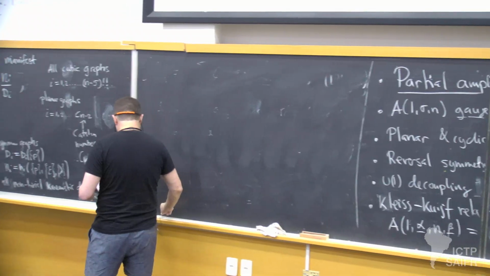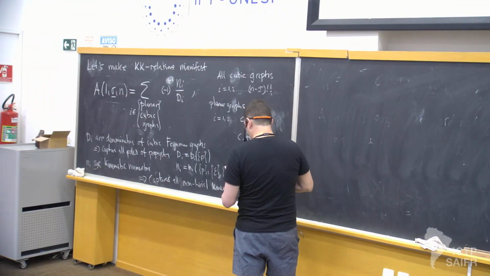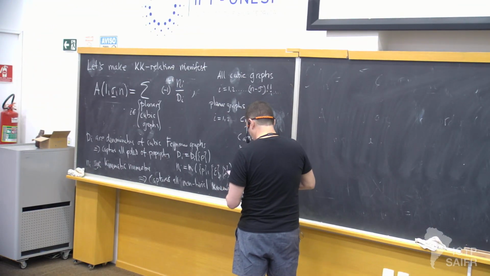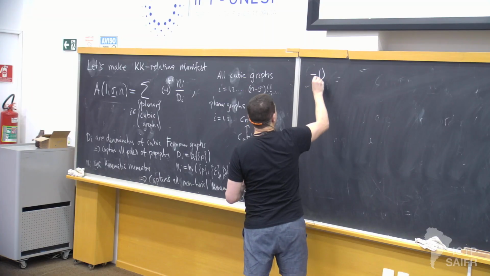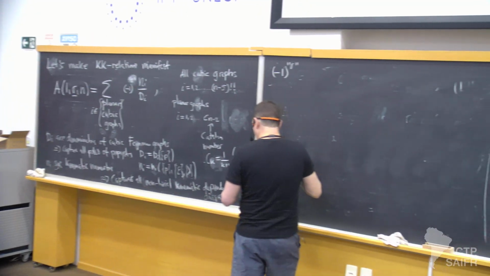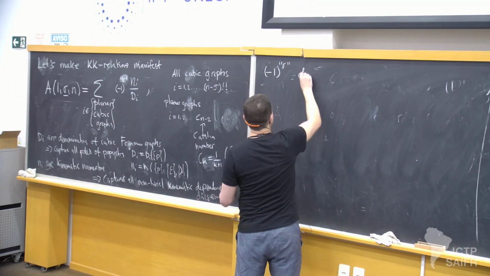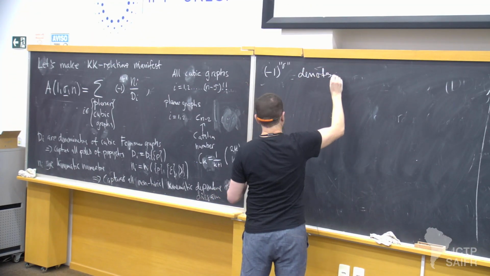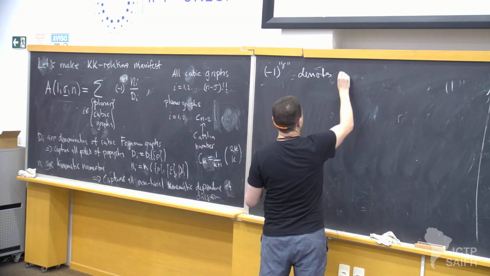And okay, so what is this sketchy notation here that I couldn't decide what it was? What is -1 to the sigma? It denotes a permutation dependent sign.